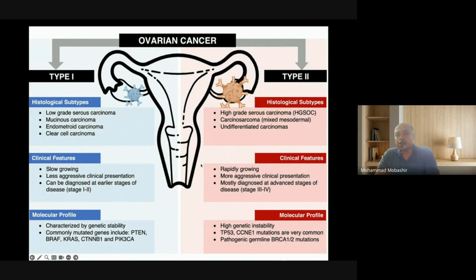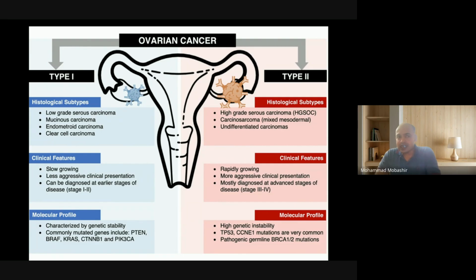Now, clinically, there are type 1 and type 2 ovarian cancer. In type 1 ovarian cancer, the histological subtypes are low-grade serous carcinoma, mucinous carcinoma, endometrioid carcinoma, and clear cell carcinoma.